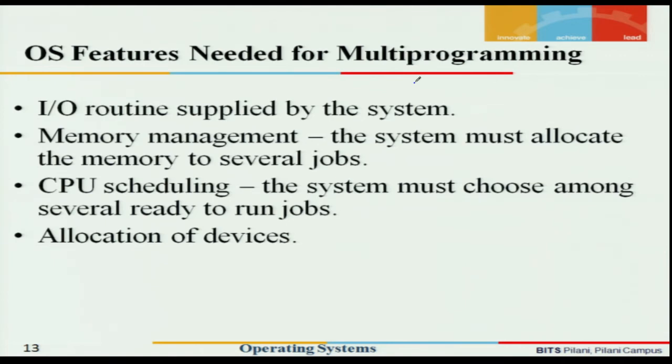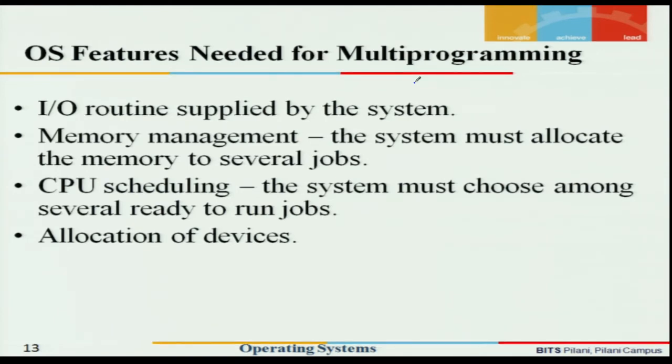So, CPU scheduling is a required feature for the operating system which would support multi-programming. In addition to this, when there are multiple jobs, each of the jobs could be requesting various I/O devices.